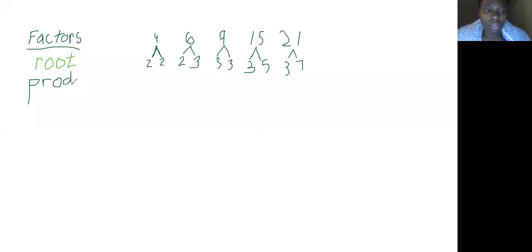Okay? So the product is the result of multiplying 2 factors. It could be 2 or more factors, but at least 2. It takes 2 to make a product. So I can leave it as singular form.